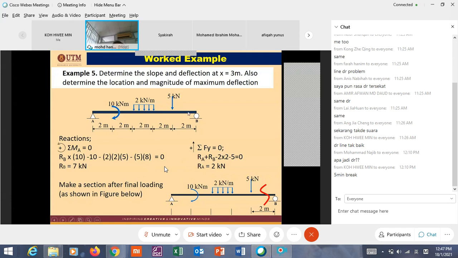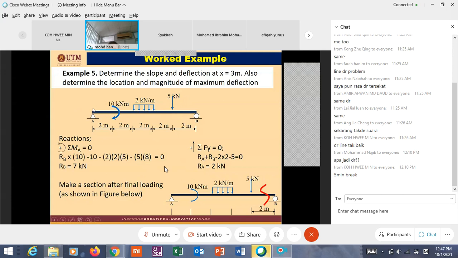In this case, as I said just now, we have to derive the moment equation between A and B, at a point where the point has passed all the loading, or has covered all the loading at the left hand side.